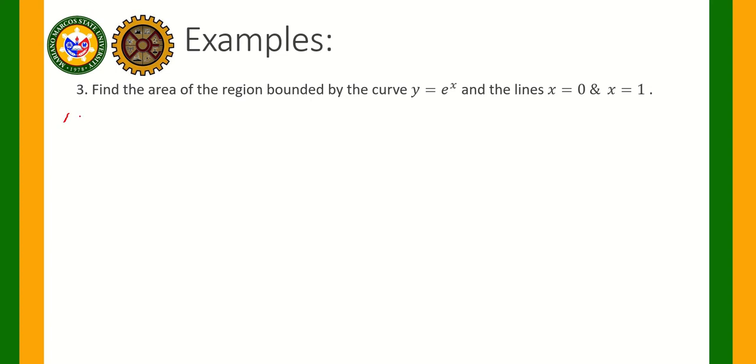Let's start at x equal to negative 2: negative 2, negative 1, 0, 1, and 2. What is our y?